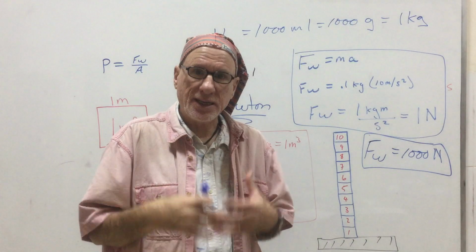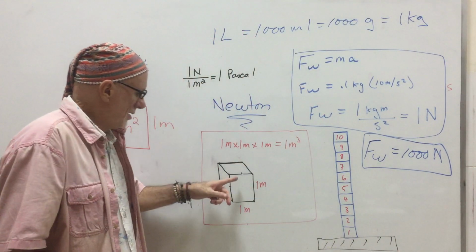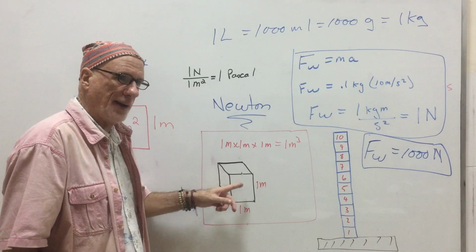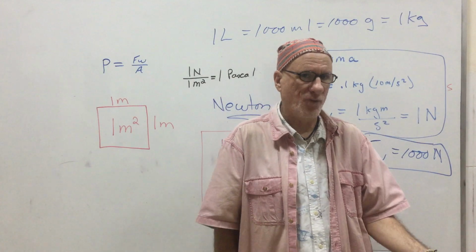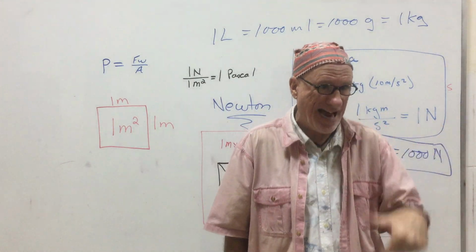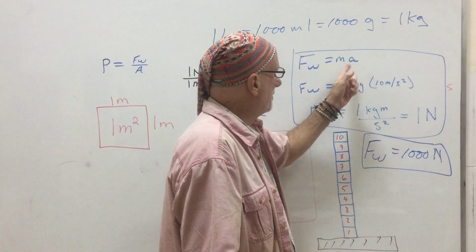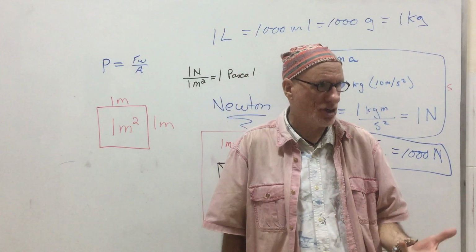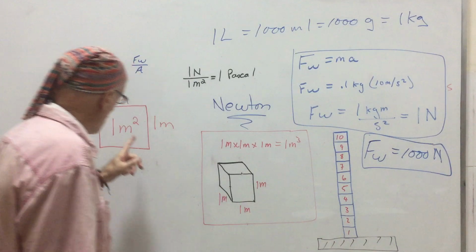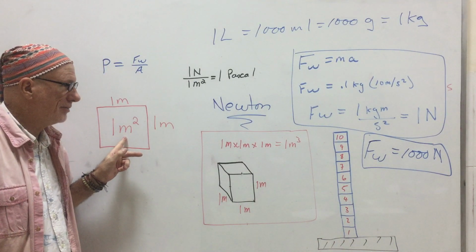Basic middle school math equation. All right, now, this is going to be 1,000 kilograms. What's going to be the weight? 10,000 newtons, right? 1,000 kilograms times 10 would be 10,000 newtons, correct? 10,000 newtons per 1 square meter, correct? You get it?